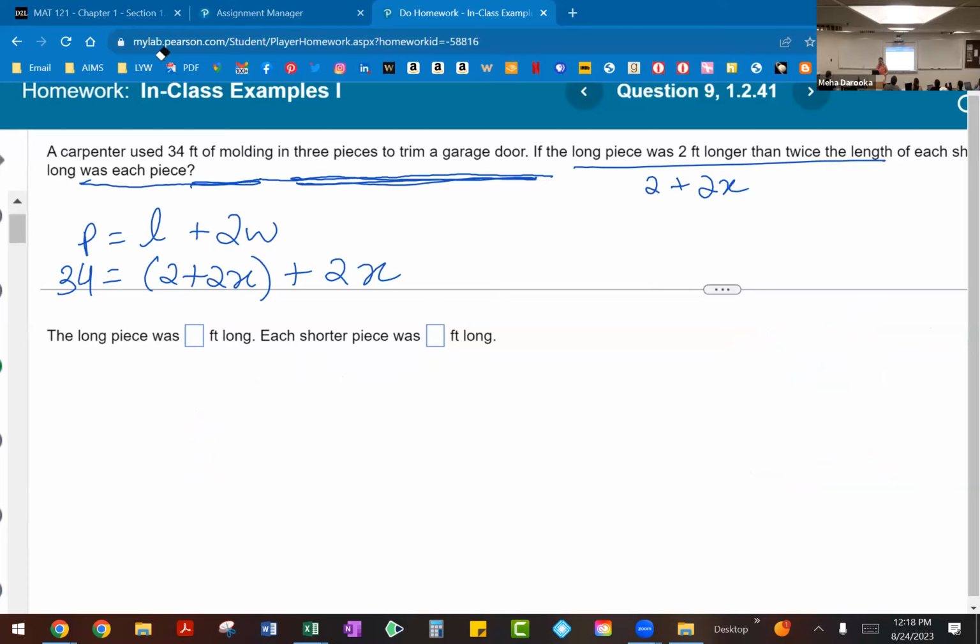All right. So if we have 34 for the total molding, the 2 plus 2x for the long sides, the 2x for the 2 short sides. Let's see what your x value comes out.